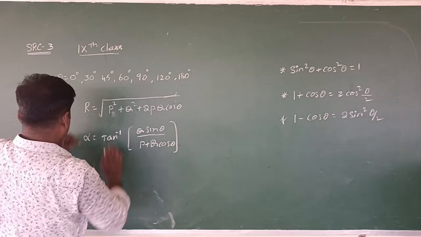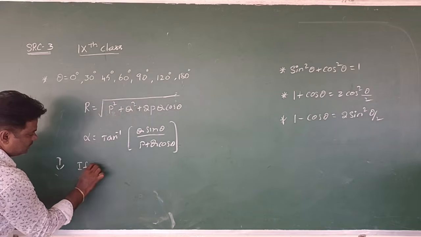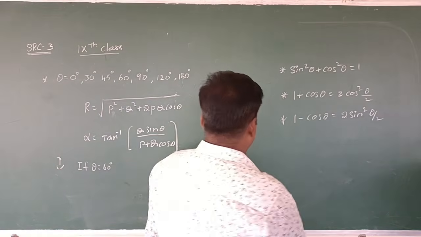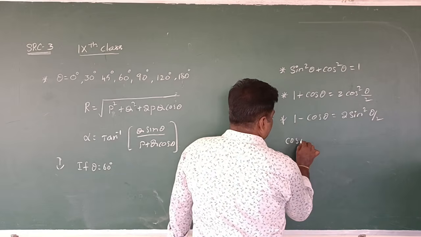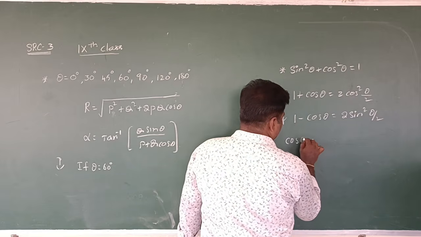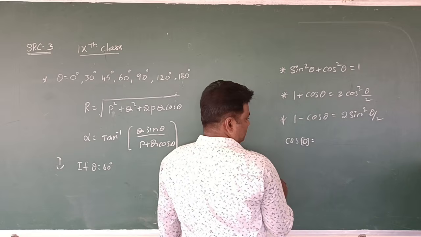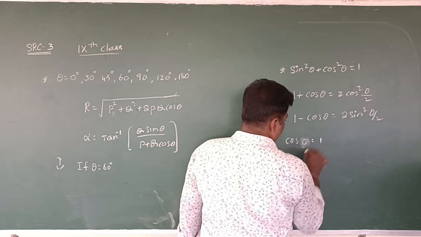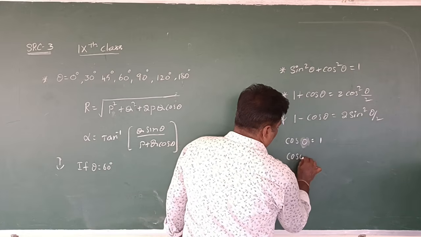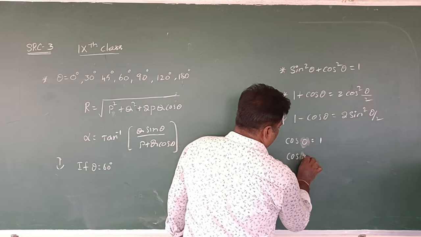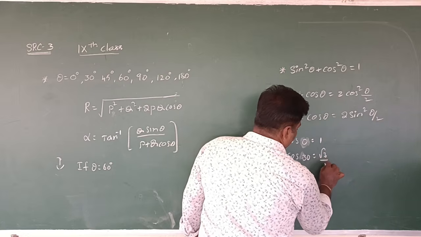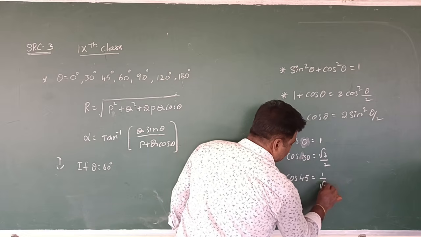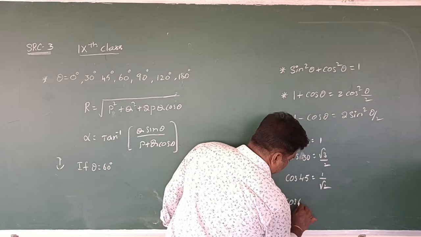Can I do this one, 60 degrees? Before entering into this, I'll give you the values. Cos 0 is equal to 1, cos 30 is root 3 by 2, cos 45 is 1 by root 2, cos 60 is 1 by 2.